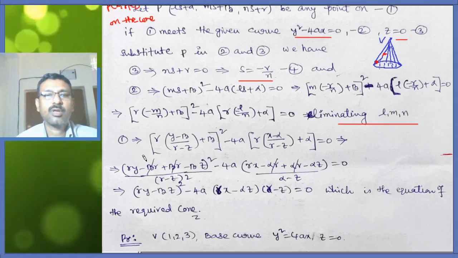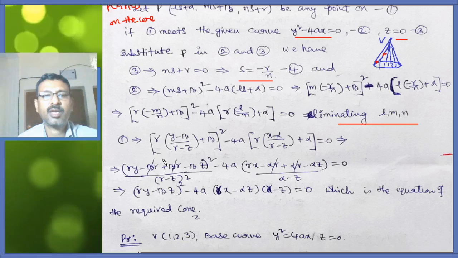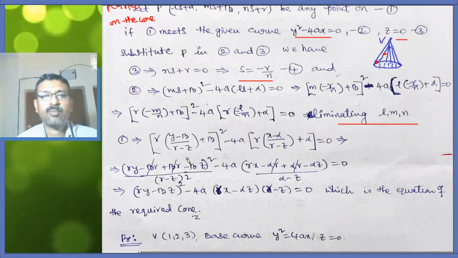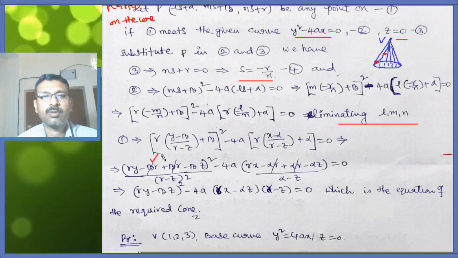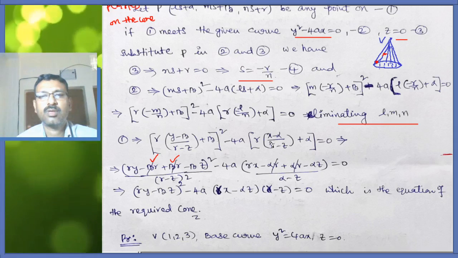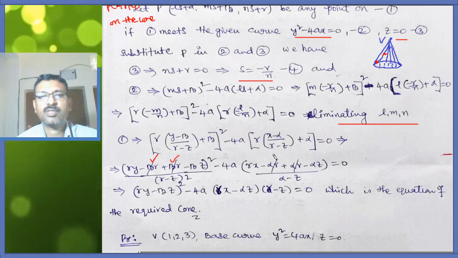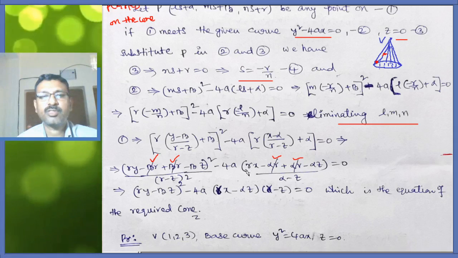So on simplification, gamma y minus beta gamma plus beta z minus beta gamma plus beta gamma get cancelled. Here also gamma x minus alpha gamma plus alpha z, here minus alpha gamma plus alpha gamma get cancelled. So the remaining terms are alpha x minus gamma z.